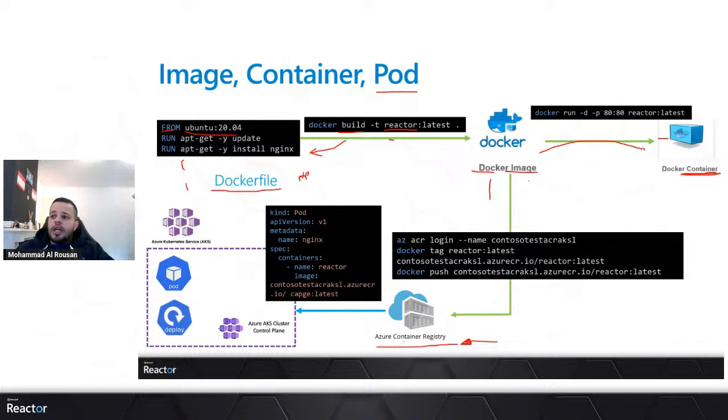Once we store the image in Azure Container Registry, we create the manifest file, as you can see here, and here I point to the image. Once I run this on the cluster, I will have something called a pod. So my application, my code, is now inside my pod.